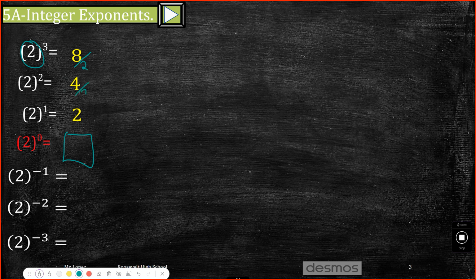What is 4 divided by 2? 2. What is 2 divided by 2? Logically, it has to make sense that this is correct. The answer is 1. Now we continue with that same pattern, understanding that instead of multiplying by 2, we're dividing by 2.